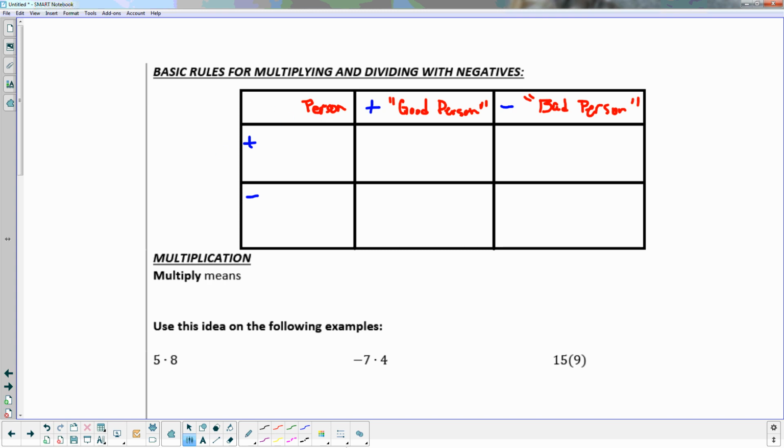And on the vertical side here, on these columns, I'm going to think about different things happening. So things or events. You might think of it as an event. And so a plus is going to be a good thing. Let's say good event.